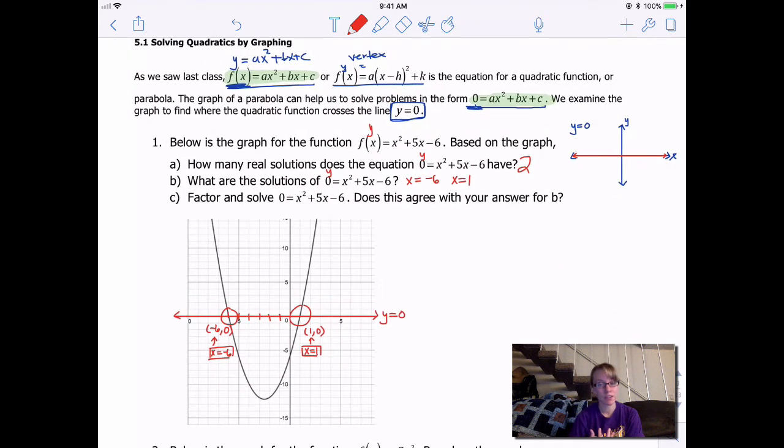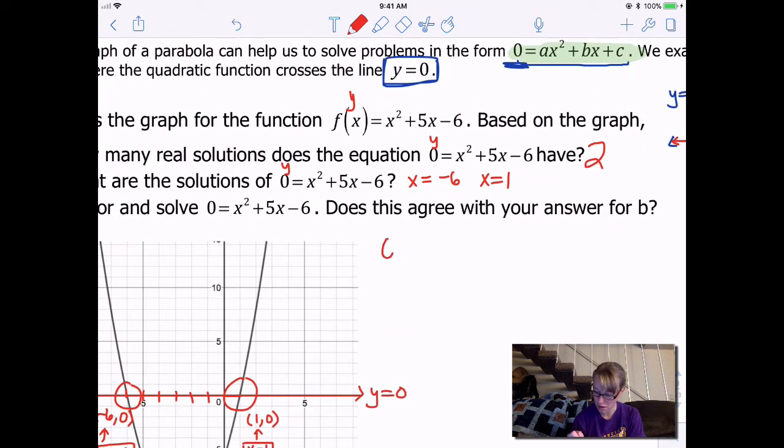Now, we actually know how to solve these problems already using factoring. So let's go ahead and factor x squared plus 5x minus 6. We have 0 equals x squared plus 5x minus 6. This is an add multiply problem. We get an x and an x.